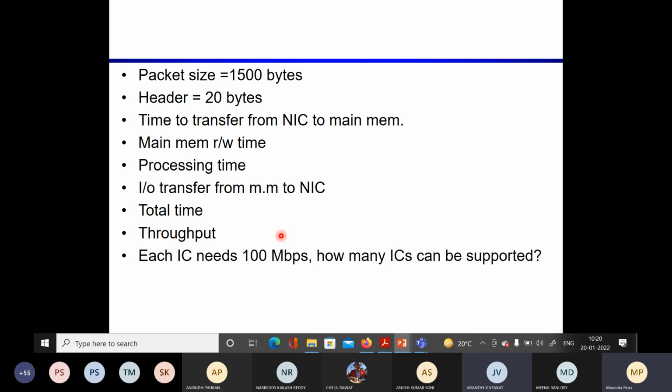Please find out the values that have been given here. We have to find the total time to transfer the packet, and finally the throughput. At the end, we have another last question. So please find out up to the throughput and then we will get to the last question.